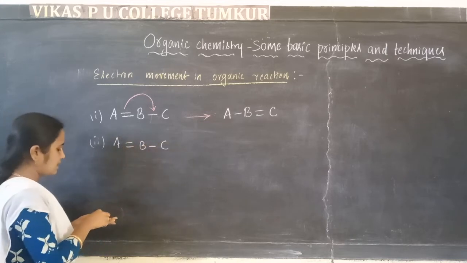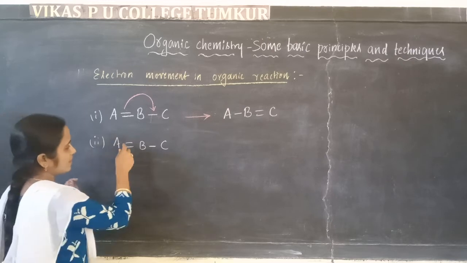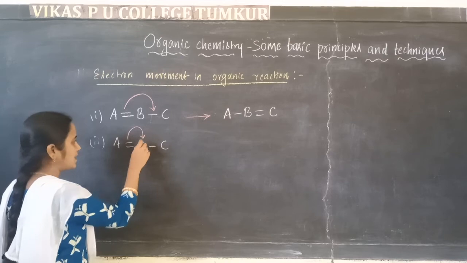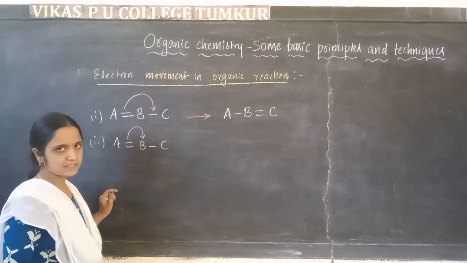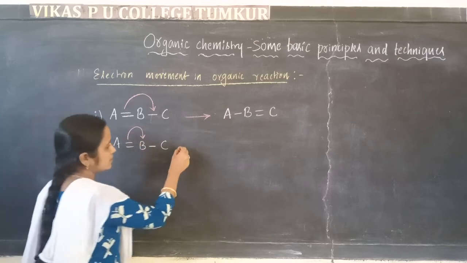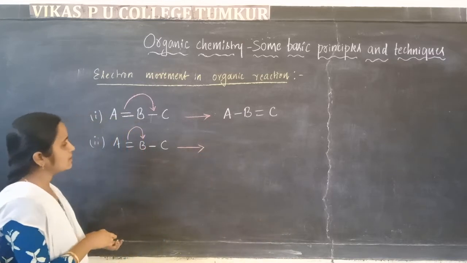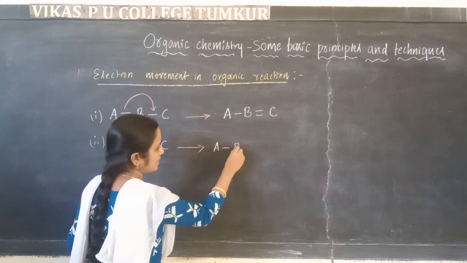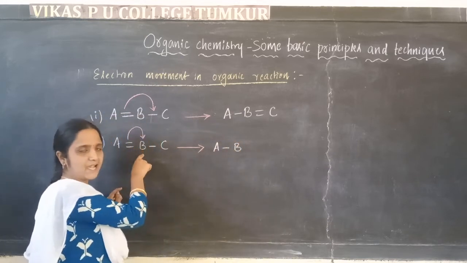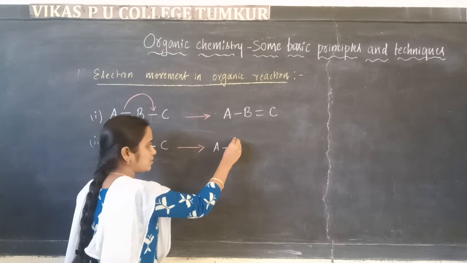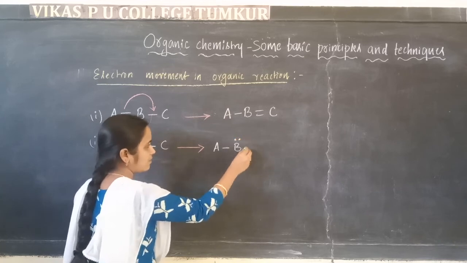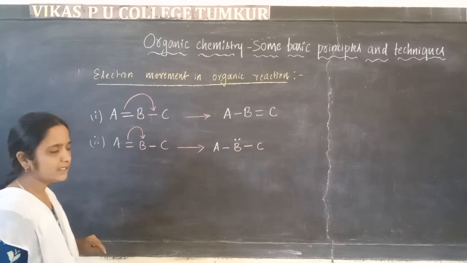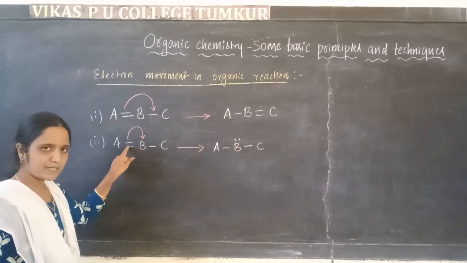This pi pair of electrons is going to shift to the adjacent atom. After shifting the electron pair to the adjacent atom, it is represented like this: electron pair and single bond C. This is about the shifting of the pi electron pair to the adjacent atom.